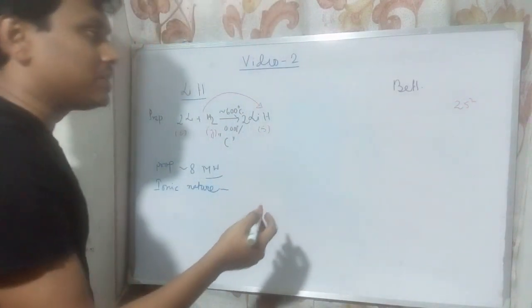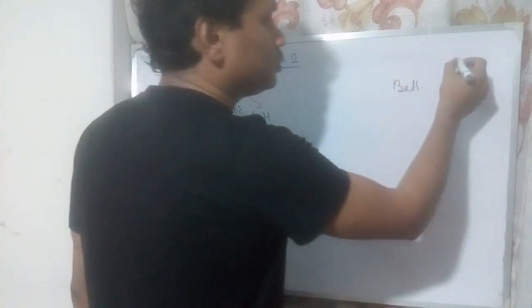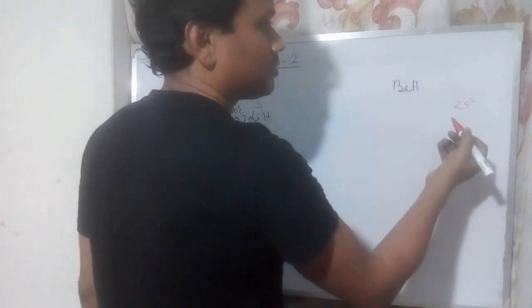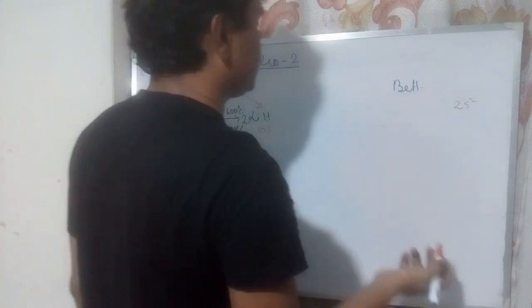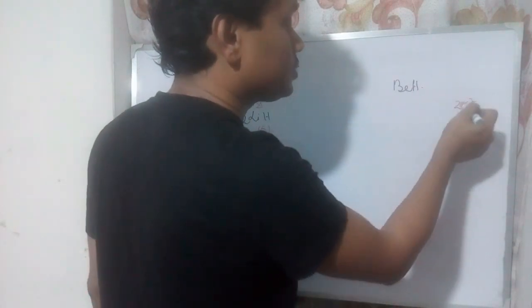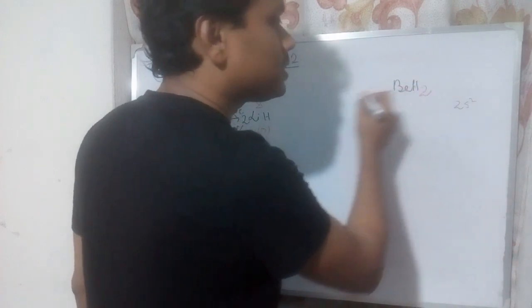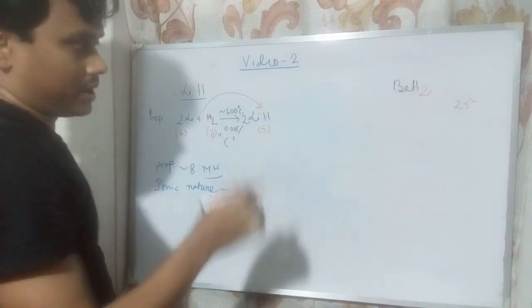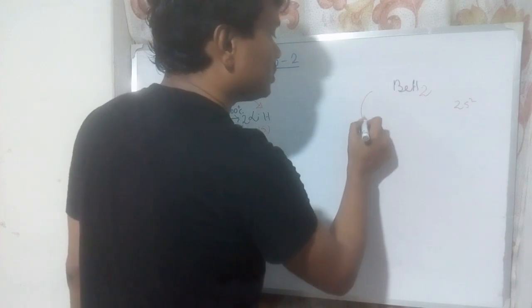So it is not that easy for beryllium to give 2 electrons, because it will be more electron deficient compared to lithium. Lithium released 1 electron, whereas here it is releasing 2 electrons to form beryllium hydride.